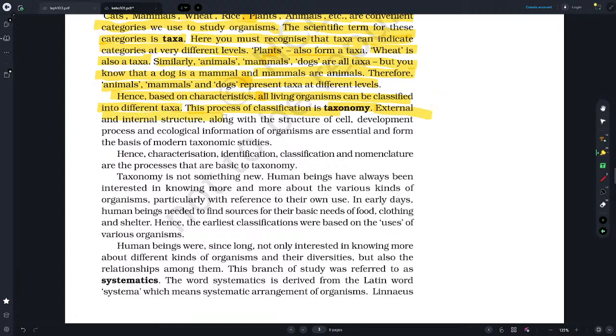External and internal structure, along with structure of the cell, development processes and ecological information of organisms, are essential and form the basis of modern taxonomic studies.